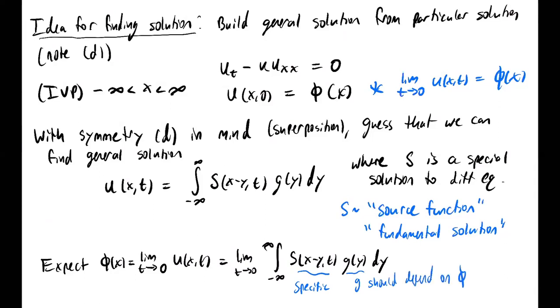It's going to turn out that we can actually take g equal to phi, which we'll see why that is soon. But at least from some initial observations, we can see that if we want this formula to work for S some special function, then in particular, S should not depend on phi, because I want this to work for every initial condition. And therefore, g has to depend on phi in some way. And also, we want this limiting condition to hold, where when I take the limit as t goes to 0 of this integral, I get phi again, right?